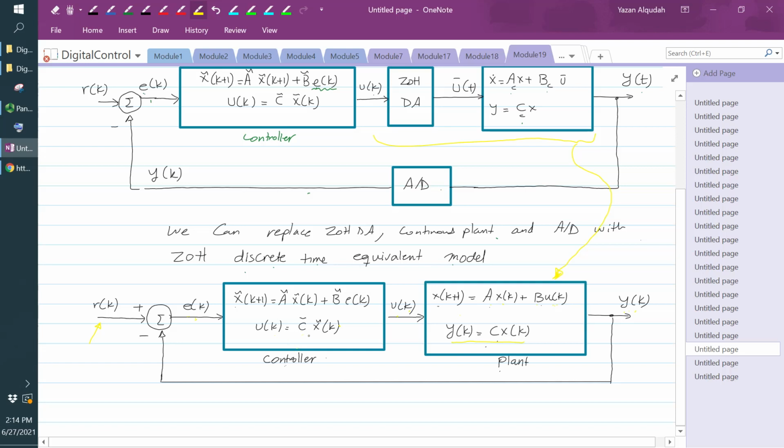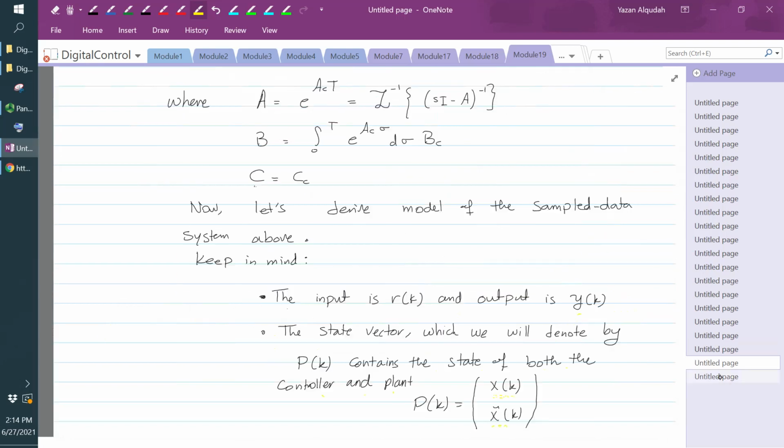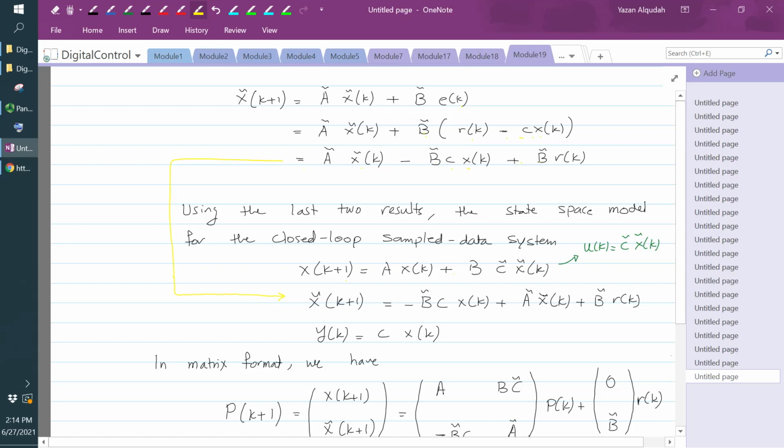It's equal to C tilde multiplied by x tilde. So this is coming from here. Therefore, I can substitute for u of k with C tilde x tilde. And x tilde of k plus 1 is equal to negative B tilde C multiplied by x plus A tilde multiplied by x tilde plus B tilde multiplied by r of k.